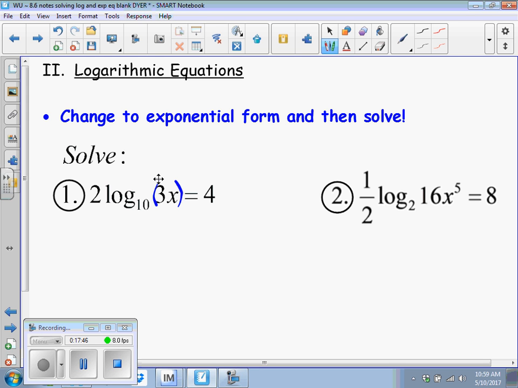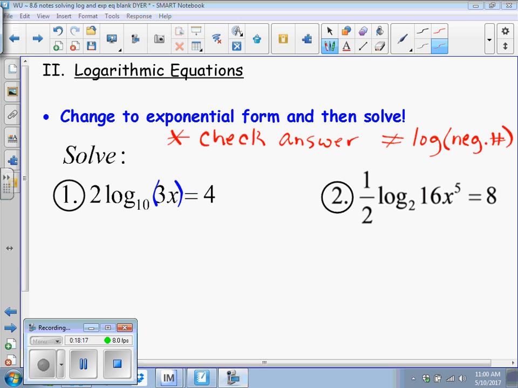It doesn't count. If you're solving for exponentials, it doesn't matter. But when you're solving in logs, it matters. You cannot take the log of a negative number. It cannot equal the log of a negative number.